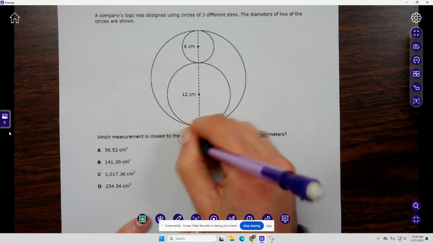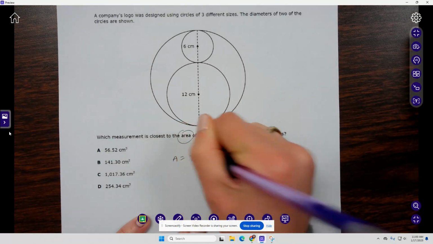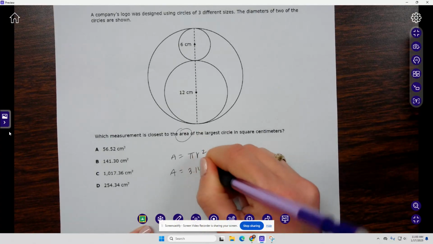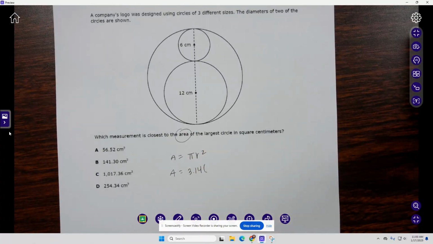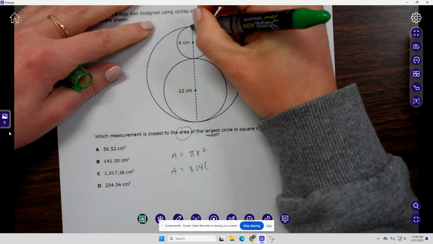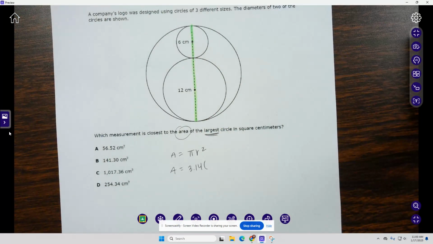So I'm trying to find the area. So area equals pi r squared. Area equals 3.14. Now I need to find the radius. We're talking about the largest circle here. So if I were to take my largest circle and draw the line, that's the diameter.